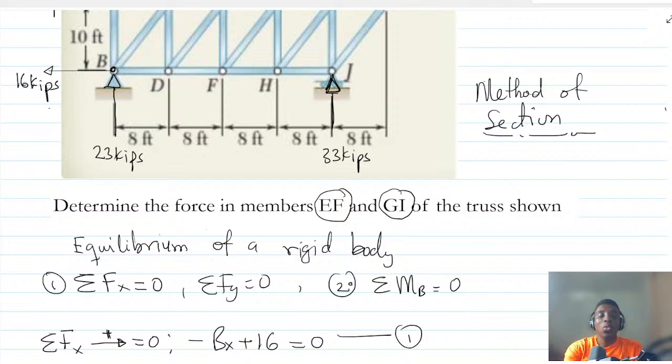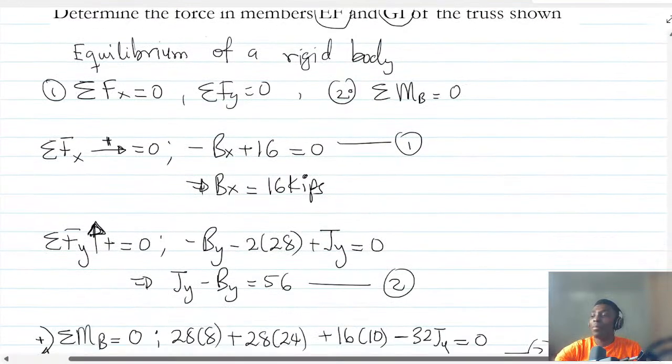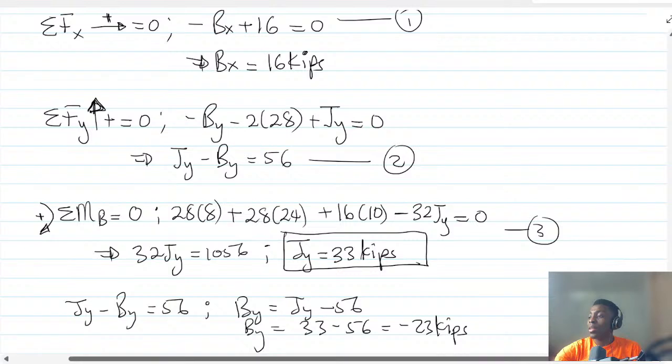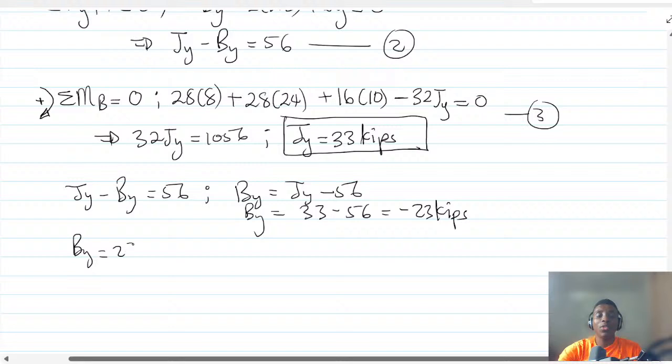Okay, now that we have what we are interested in, let's start with the method of section. What does it mean? Now we know BY is 23 kips.